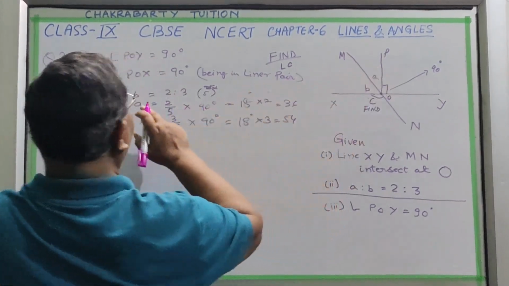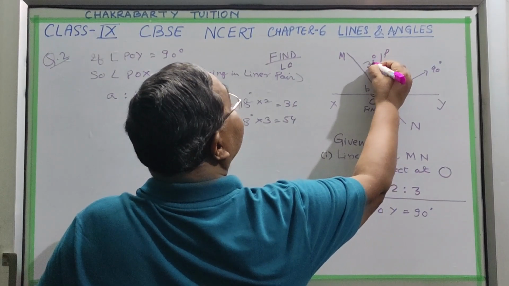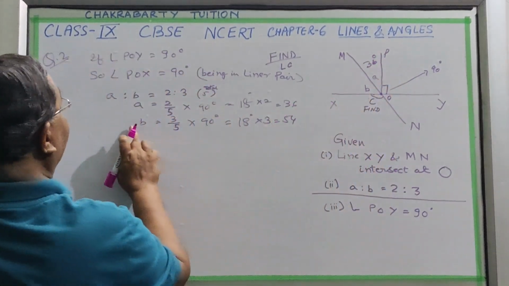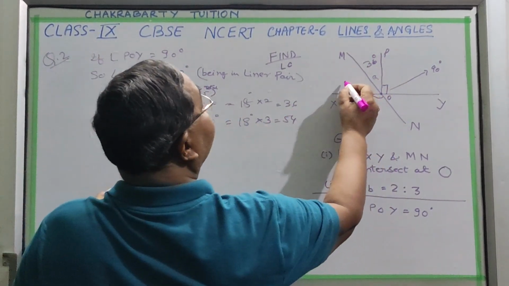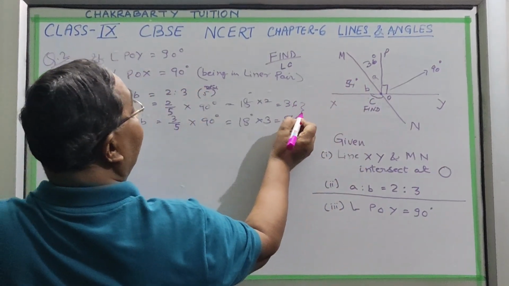So A will be 36 degrees, and B will be equal to 54 degrees. Okay, these are the answers.